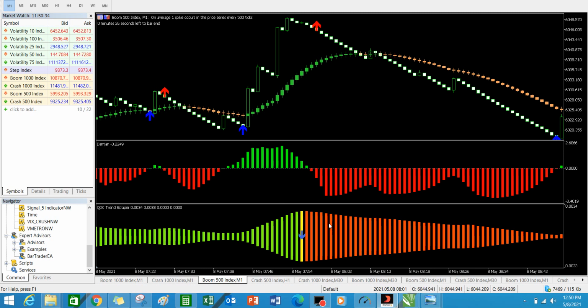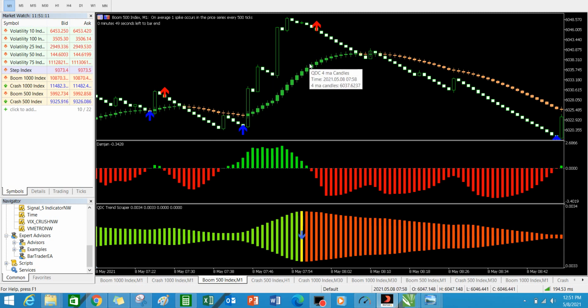It comes with three different trends: the 4MA trend, the Damjan trend, and the QDC Scraper trend. The Damjan trend and the 4MA trend are for short periods, while this one is for long periods. The third one will actually help you to know when the trend is changing, right from the beginning before it starts changing. That is the way it works.